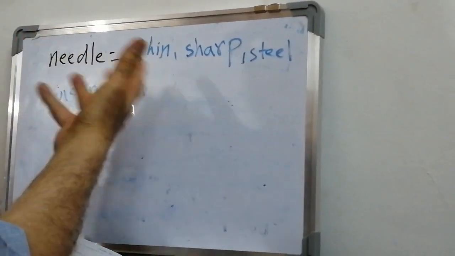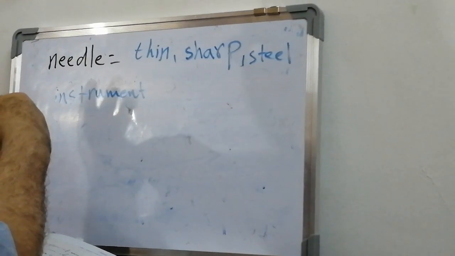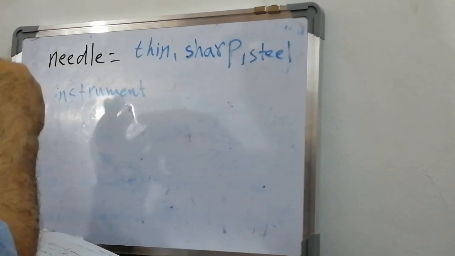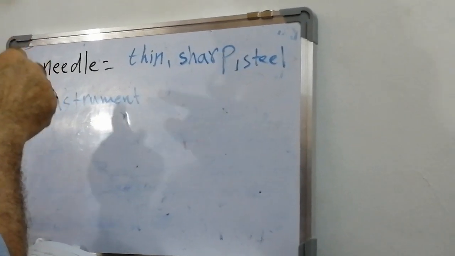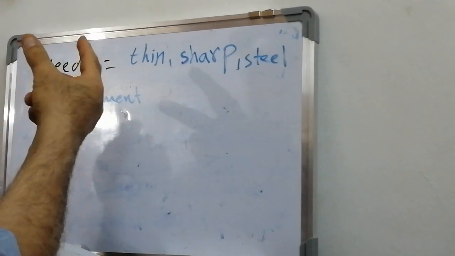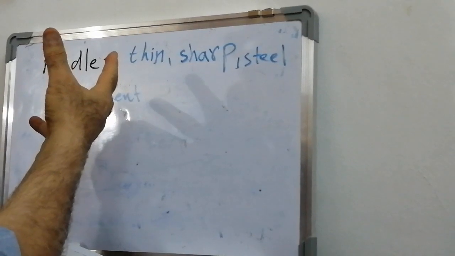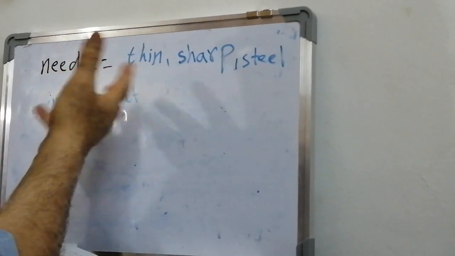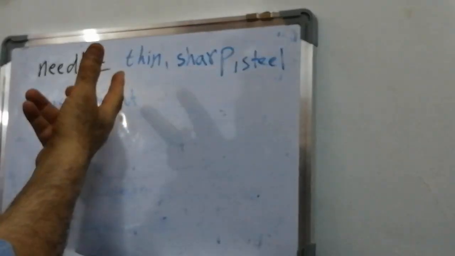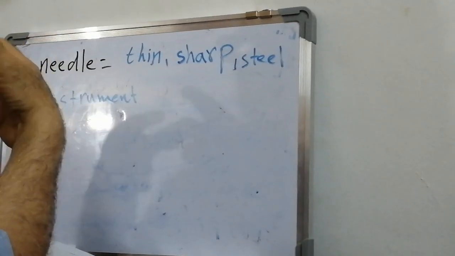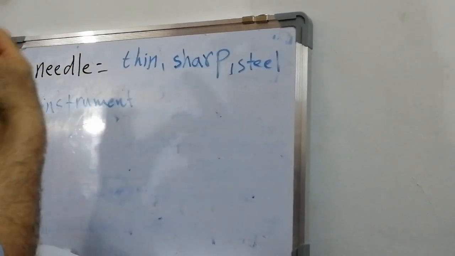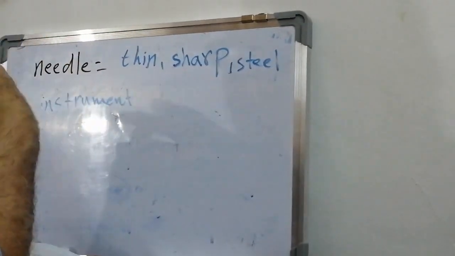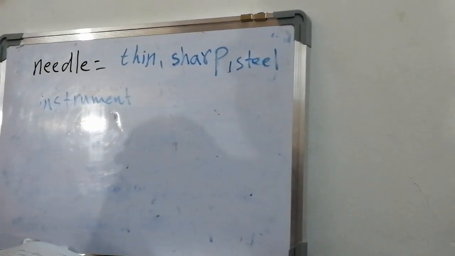This is what we mean by lexical meaning, because you have a dictionary, and I have a dictionary, and every one of us has a dictionary. So the meaning of the word needle is what is mentioned in the dictionary. Okay, right. So what do we call this? We call it conceptual meaning. We can call it also the literal meaning, المعنى الحرفي, المعنى القاموسي. Where do you find it? You find it in the dictionary.